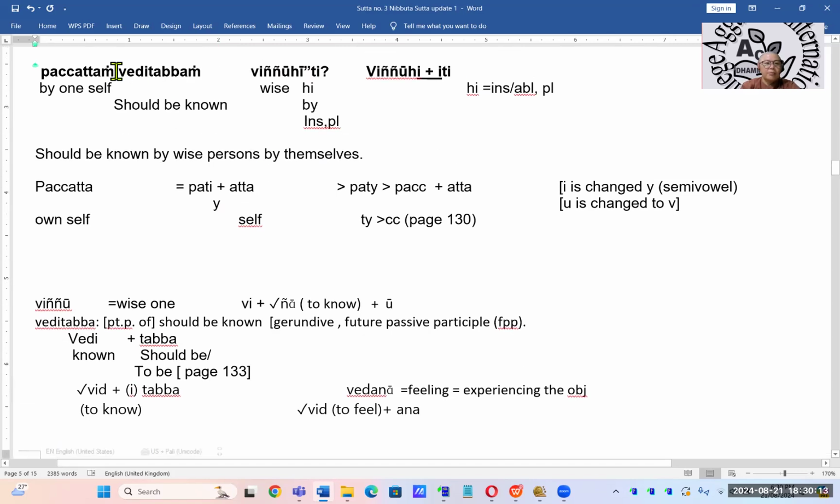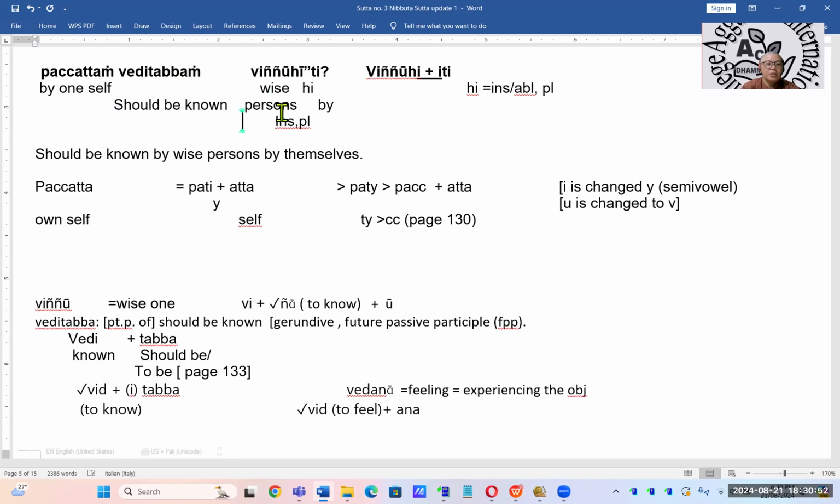Then you get this sentence: paccattaṃ veditabbo viññūhīti. Every time you recite the Dhammānussati, you should know the meaning of paccattaṃ, by oneself, veditabbo. Same when you recite that sutta, the Dhamma sutta also has this veditabbo. Viññūhi means by the wise person, by himself, by herself, by themselves.